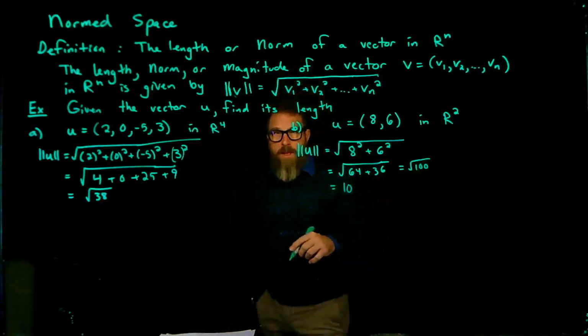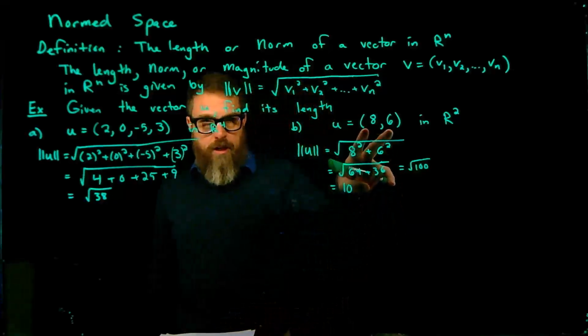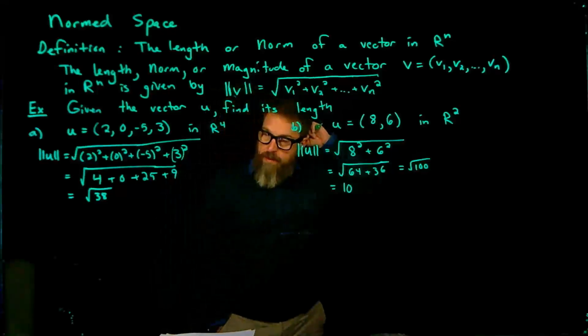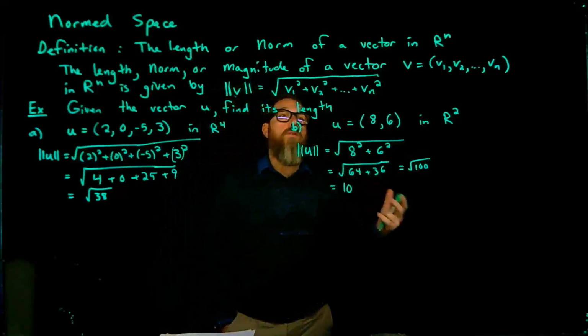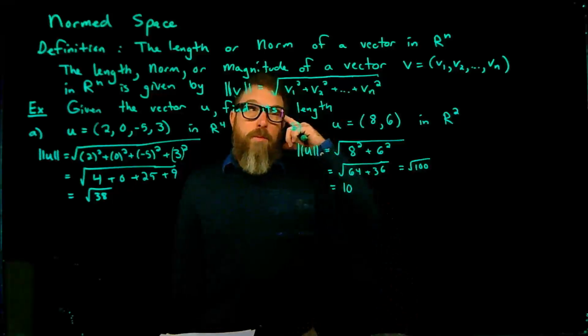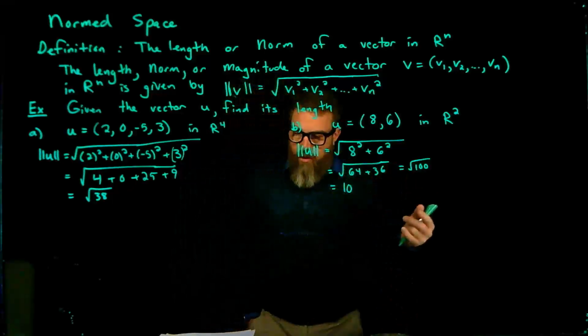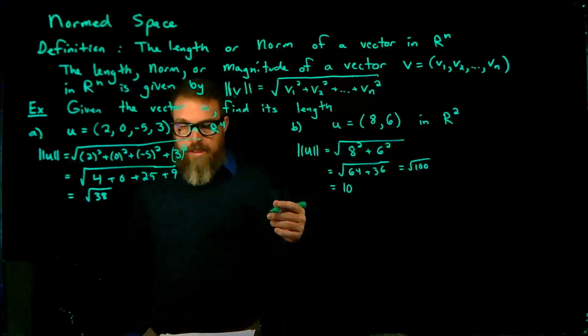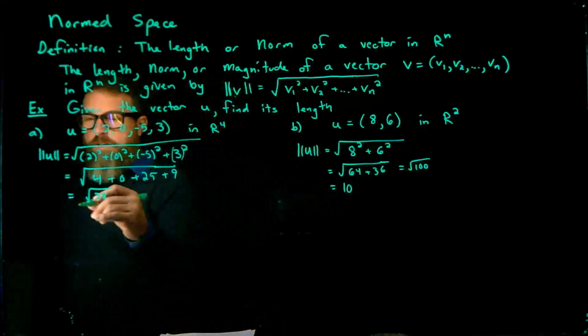Okay. Now here I put a special vector where the components are both even, both divisible by 2. So what I want to show you is there's a quick property that says the length of a scalar multiple.